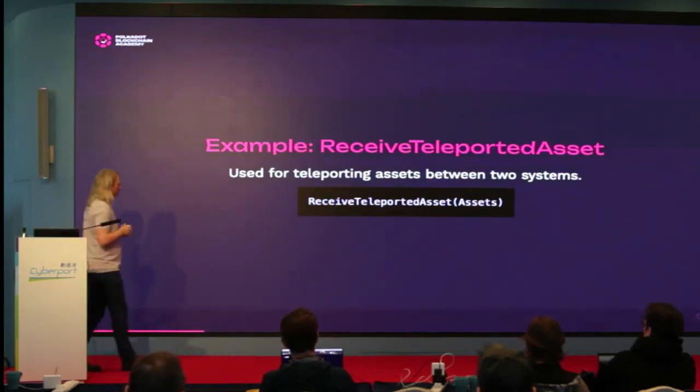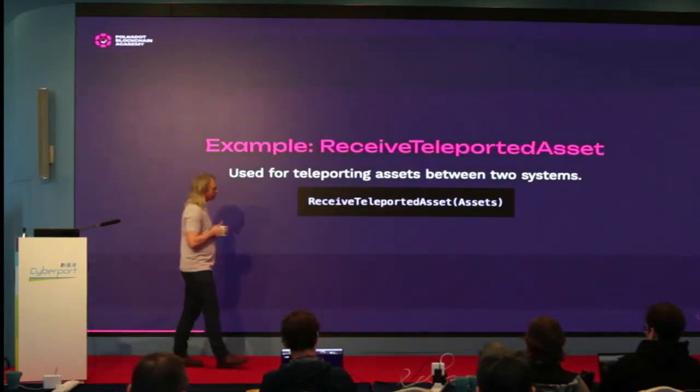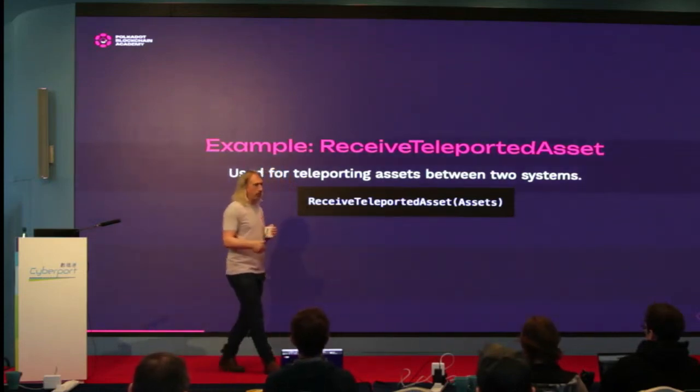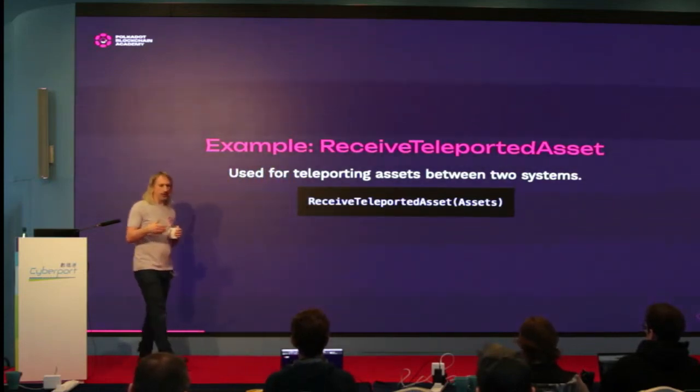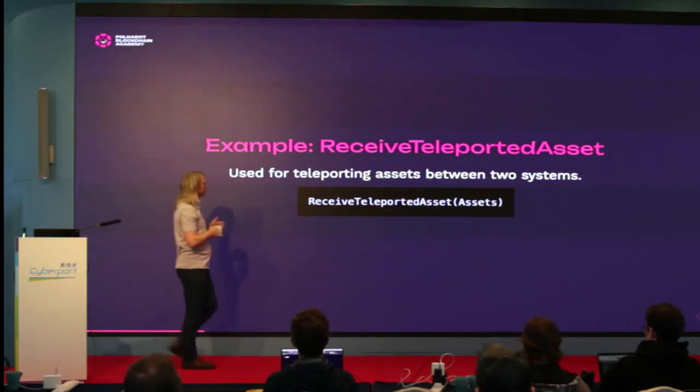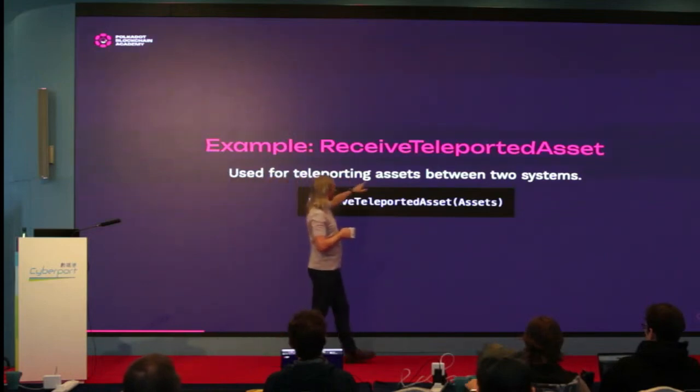Okay, let's look at another example. Receive teleported asset. Now, receive teleported asset is still an instruction, but this is what we would call a trusted indication. Why? Because it's based on a trust relationship.